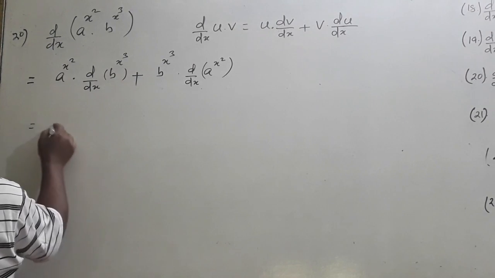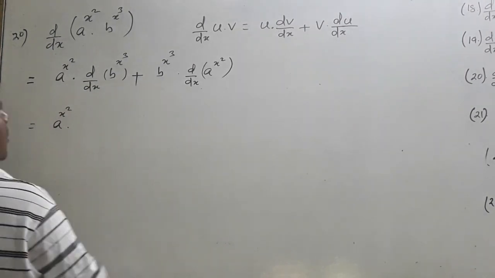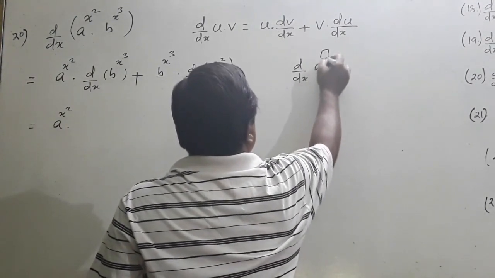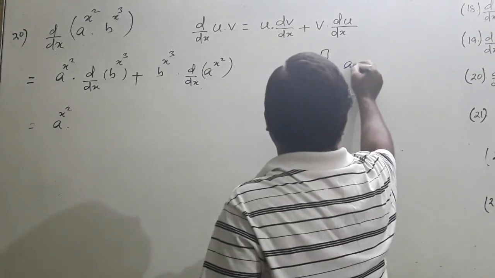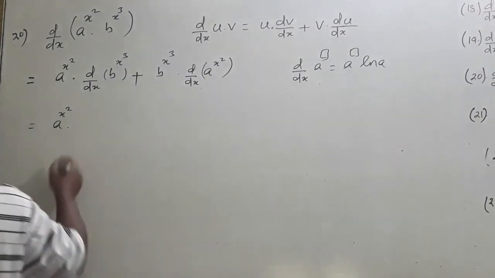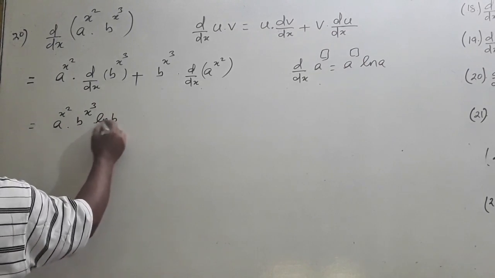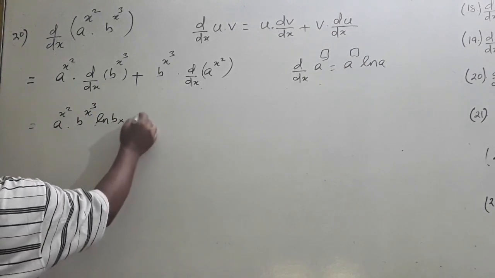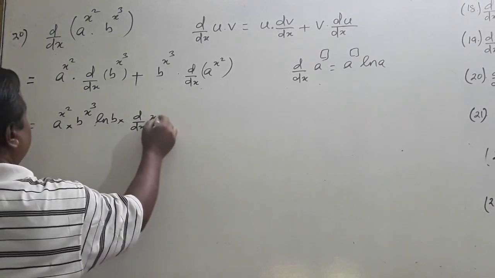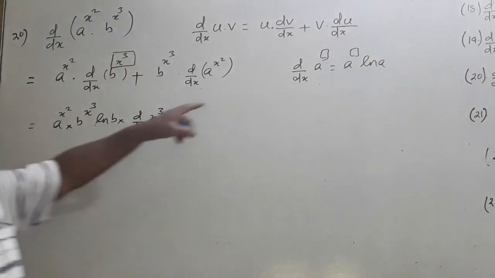It is a to the power x square into, what is the derivative of b to the power box? You know a, b are constants, and for a to the power box the formula is a to the power box ln a. So here the answer is b to the power x cube into ln b. First you have to write this, then you have to do d by dx of x cube. This is the box. A or b, both are constants.